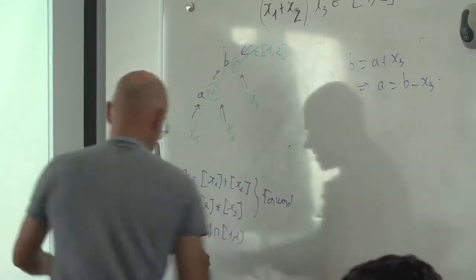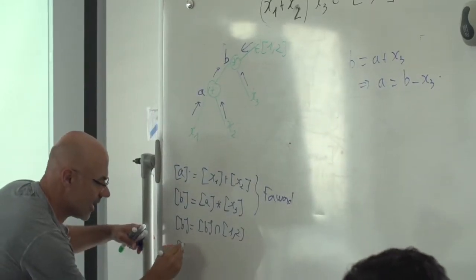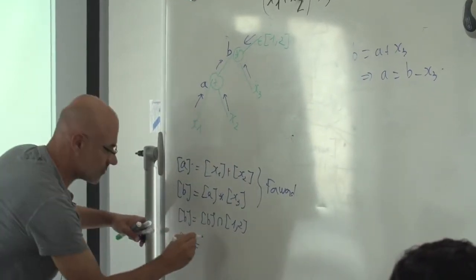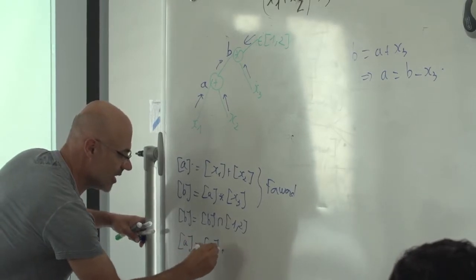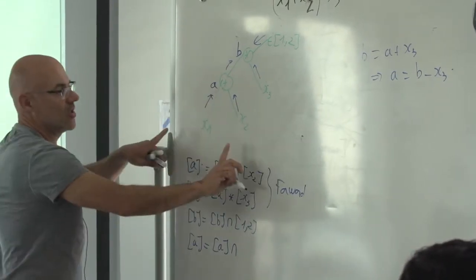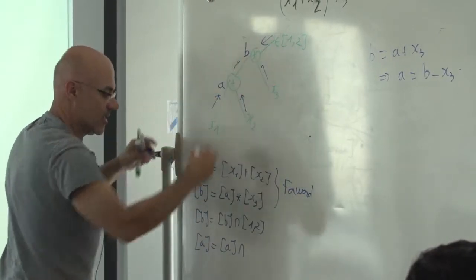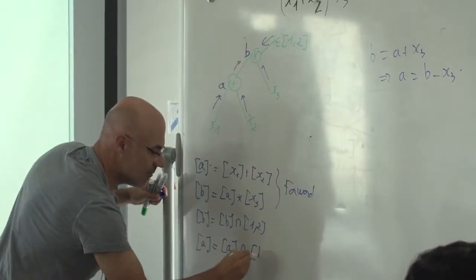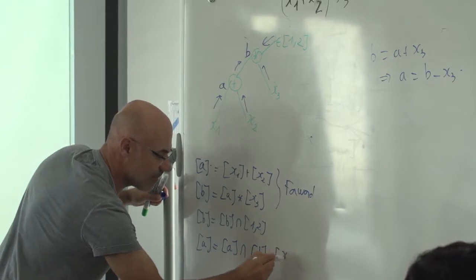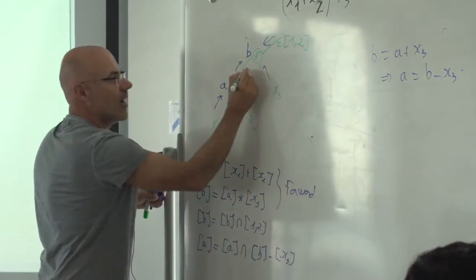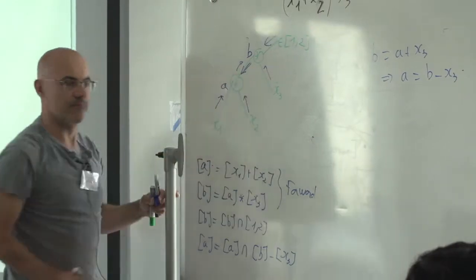So I will write here A equals A intersected with B minus x3. So I propagate in this direction.